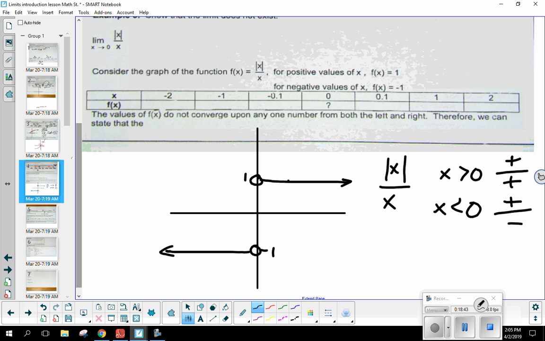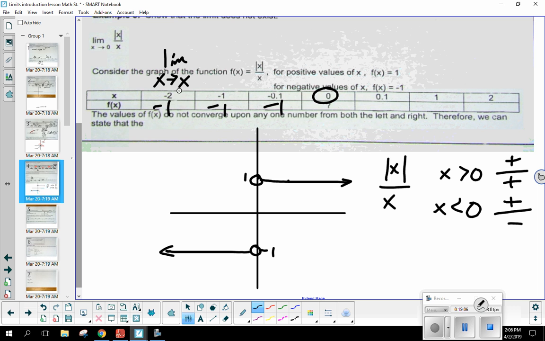Let's see. The absolute value of -2 over -2. -1. The absolute value of -1 over -1. The absolute value of -0.1 over -0.1. It looks like on the left side, I can say the limit as x approaches what? What are we approaching? 0.